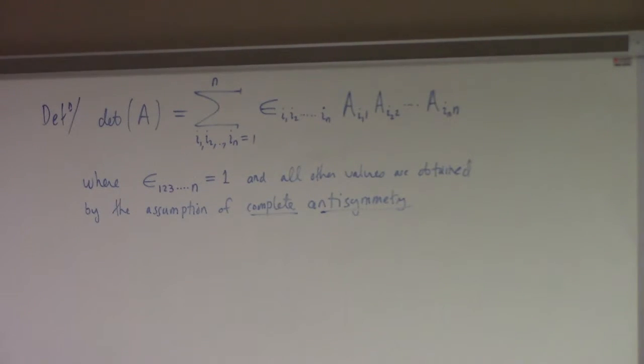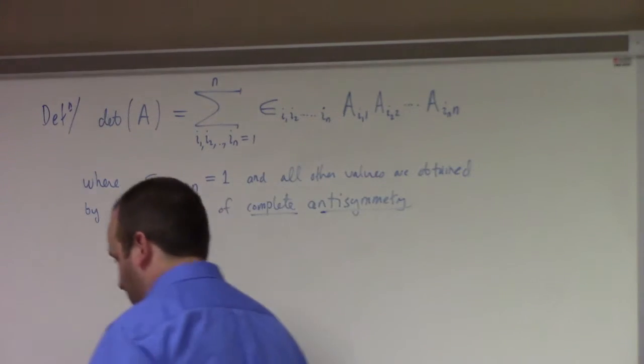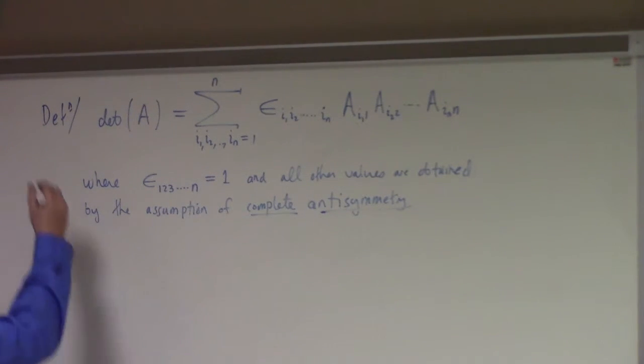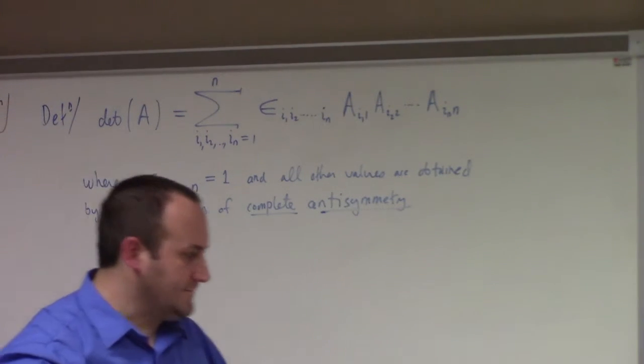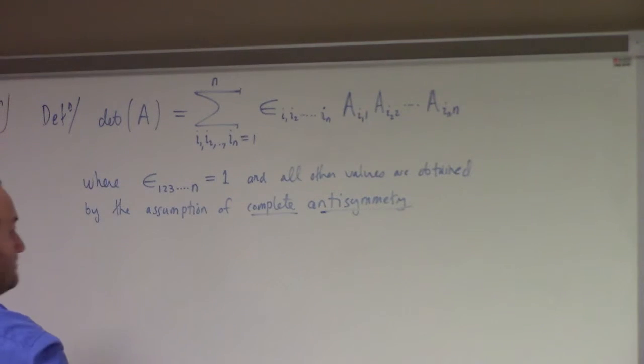But I promise you that this is actually the n-volume in n-dimensional space of the n columns of the matrix A. Now, I should have told you A is what kind of matrix? Yeah, n by n, a square matrix over a field. Although I think a lot of what we're doing actually still makes sense over a ring. In other words, I don't actually need division in a lot of what I'm doing.